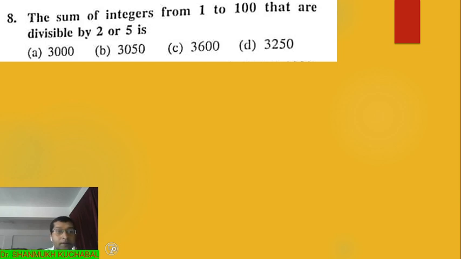The sum of integers from 1 to 100 that are divisible by 2 or 5 is. Now we'll write the numbers which are divisible by 2 between 1 and 100. That is 2 plus 4 up to 100.